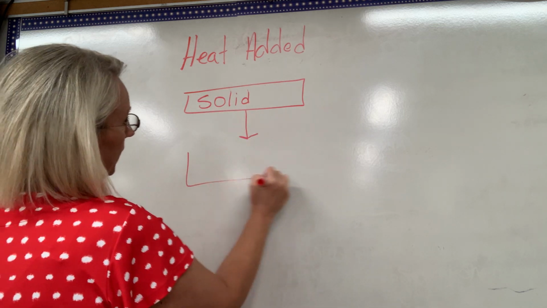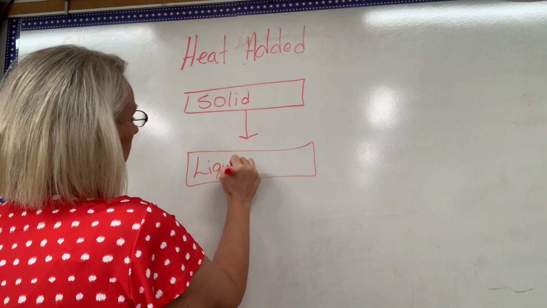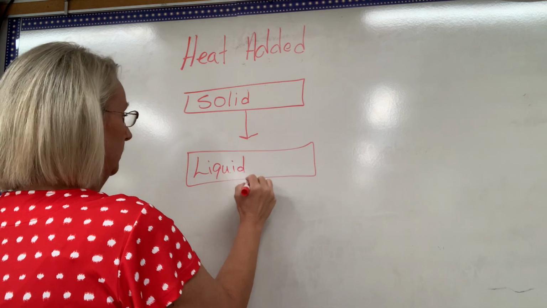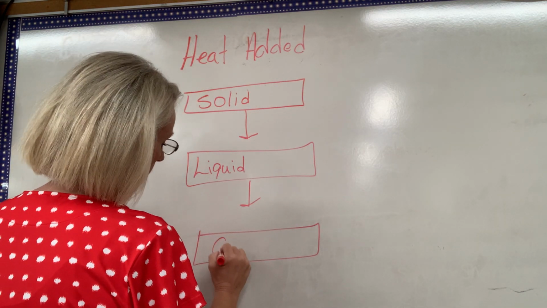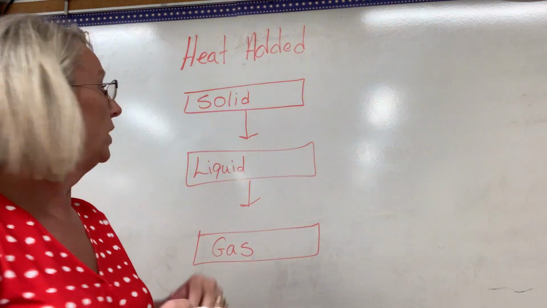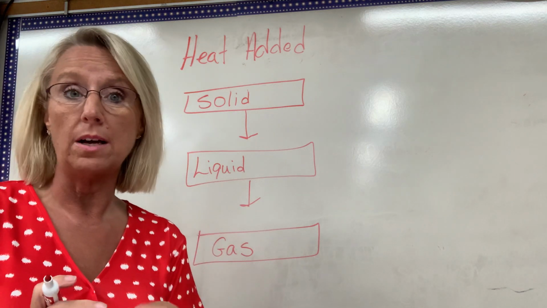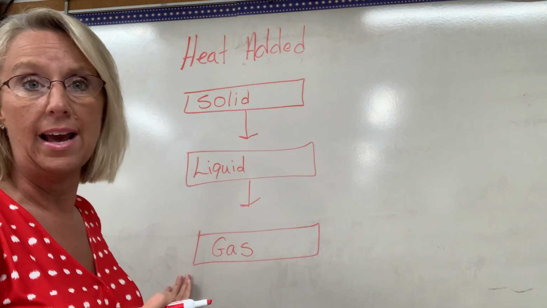We're going to make another rectangle. And we're going to say a liquid. Because we already knew we're going to talk about them in relation to the states of matter. And we know our states of matter, the three that we're going to be talking about today, is a solid, a liquid, and a gas.